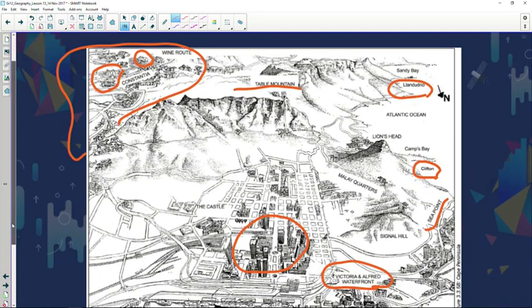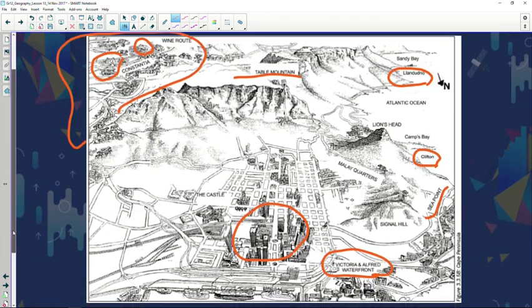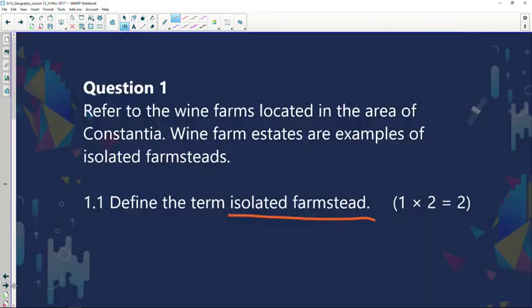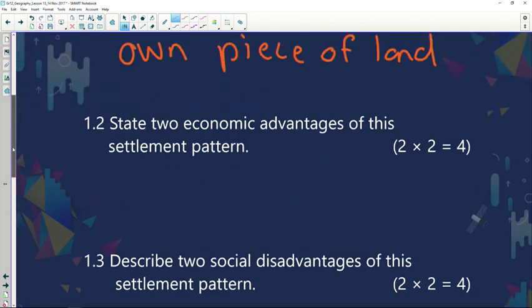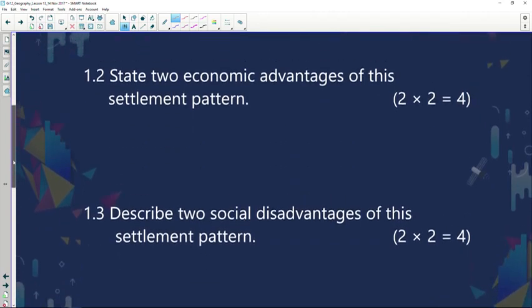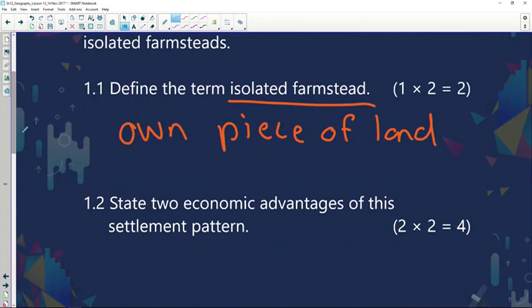Now, isolated means it's quite far from one another and it's on its own piece of land. So where the people live is on their own piece of land or farmland and not close to any other settlements as well. So most of these farms, when we look at isolated farmsteads, it's usually a dispersed settlement.